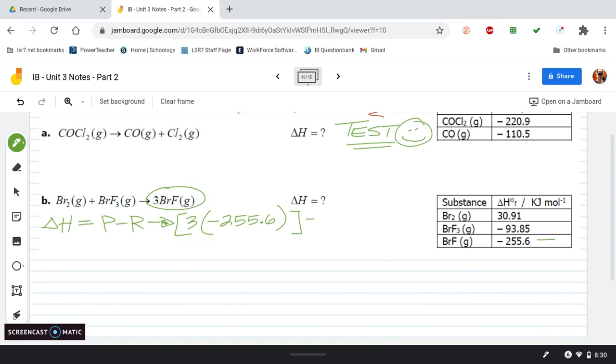So the Br2 is here, so minus 1 times 30.91 plus the BrF3, negative 93.85.